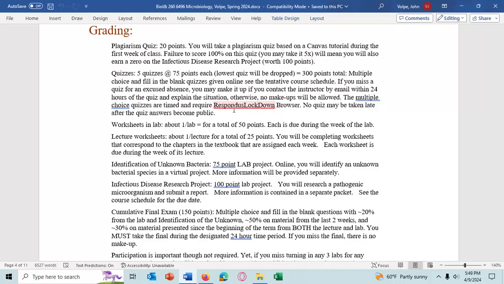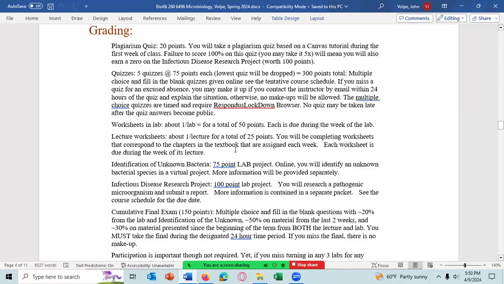There will be 1 worksheet per lab for a total of 50 points. Most of the labs are worth 5 points. However, the first 2 labs are only worth 2.5 points. The lecture, there will be about 1 for each lecture for a total of 25 points. I think each one is worth 2.5, so there's 10 of them.